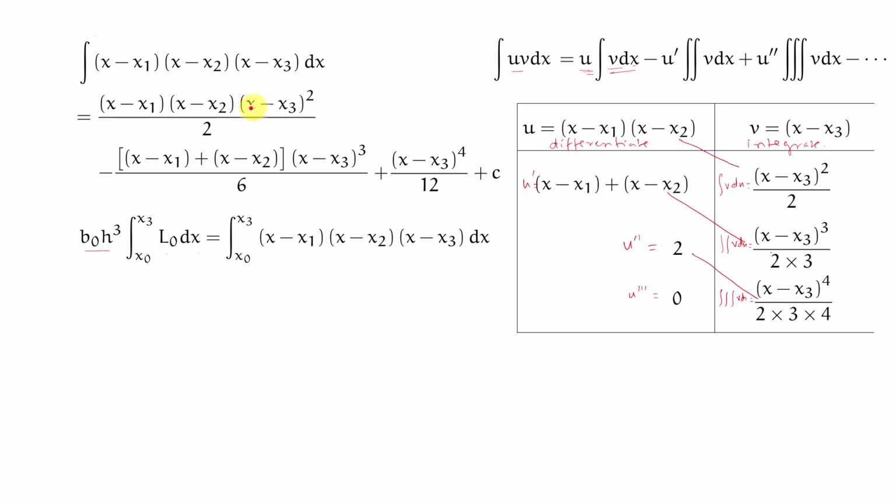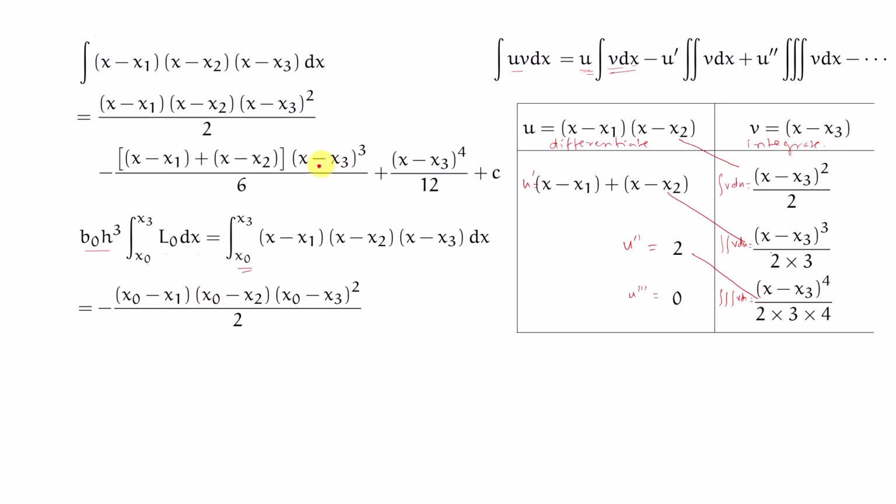So here, in place of x, I'll put x0 in all these three. In the first term, I'll put x0 here, x0 here, x0 here. And it will be negative because this is on this side. I'll take first the x3 and then the minus of x0, so this will be negative.